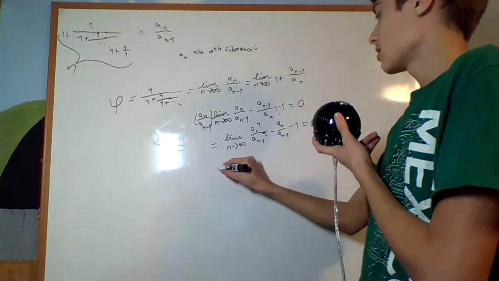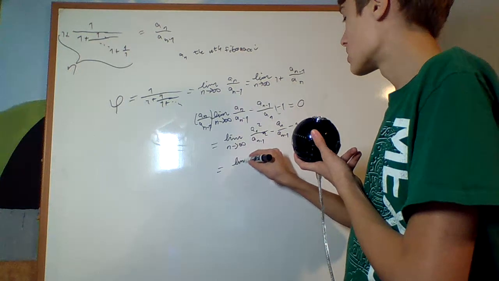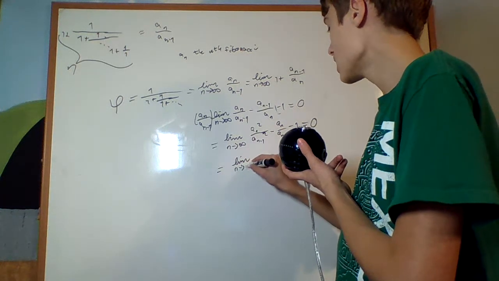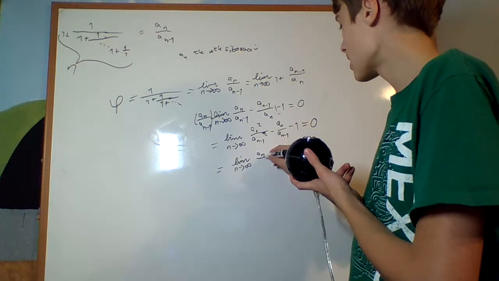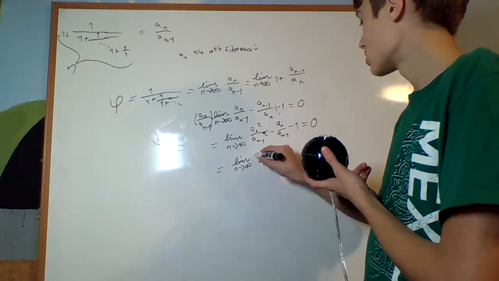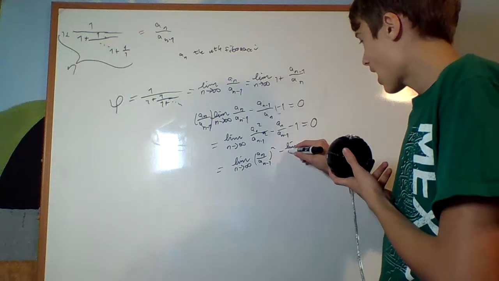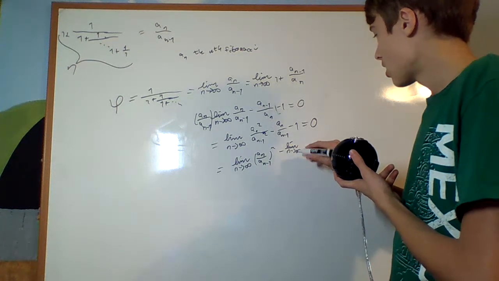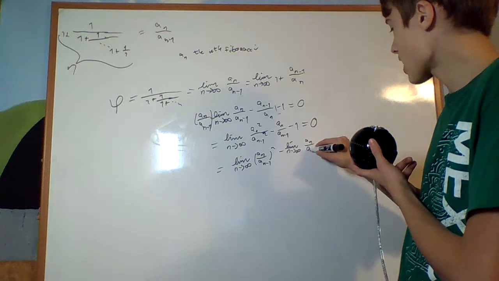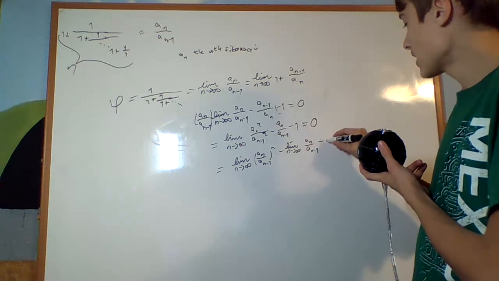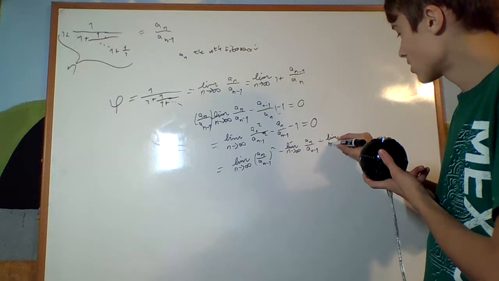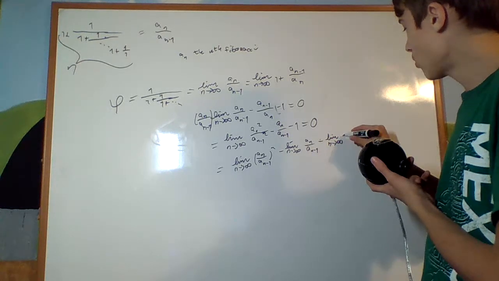Okay, but what I can do is I can make this the limit as n goes to infinity of an over an minus 1 squared minus the limit as n goes to infinity of an over an minus 1 minus the limit as n goes to infinity of 1, right?